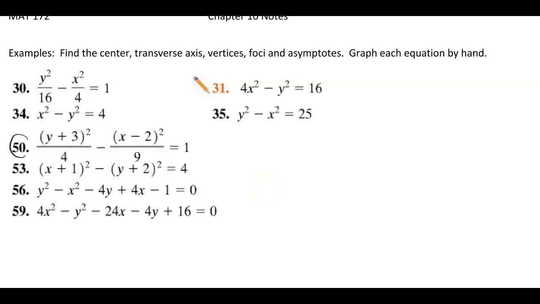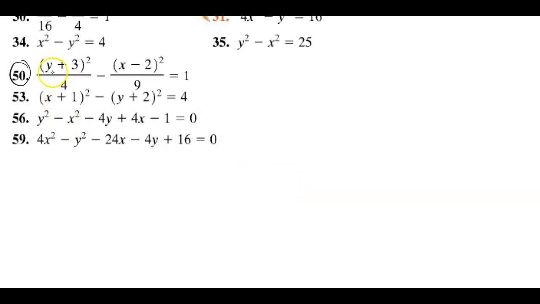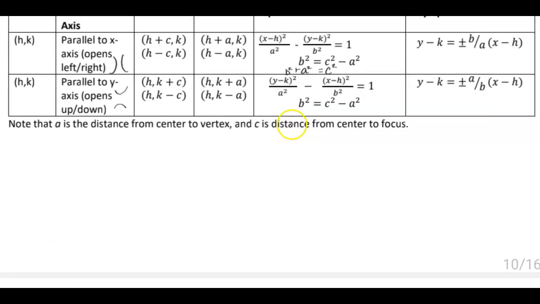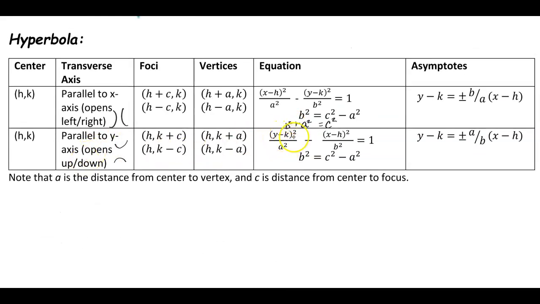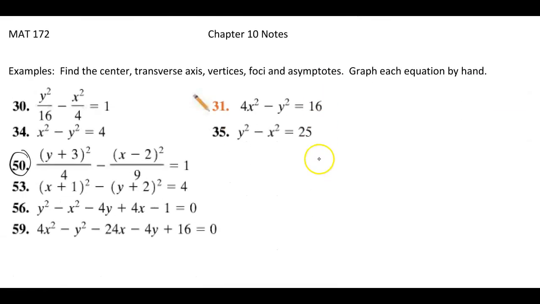So we're going to start with number 50. So notice the form. We got a y term first, and that tells us how this is going to open. It's going to open up or down. So we're doing that comparison there.